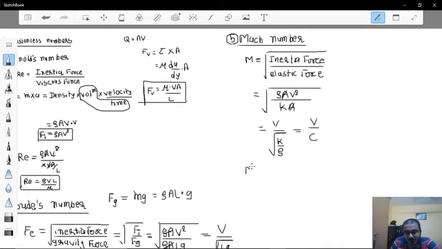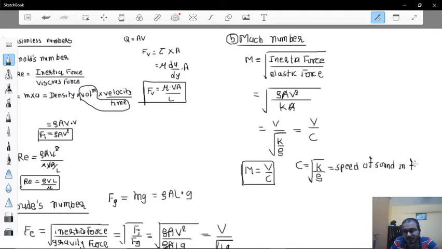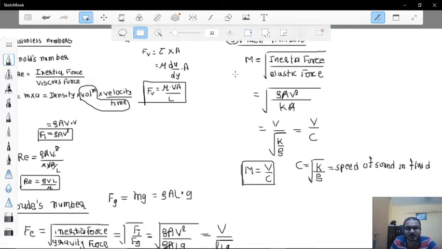So M is equal to V upon C, where C is equal to square root of K upon rho is equal to speed of sound in fluid. So let's copy this code.